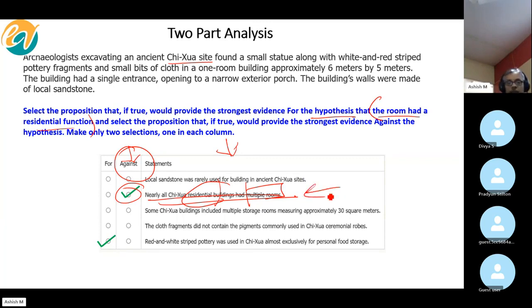Multiple rooms, correct? While they found a building that has only one room. So clearly it means that it was perhaps not being used for residential purposes. Because if it was, then apparently people in that era preferred buildings with multiple rooms.